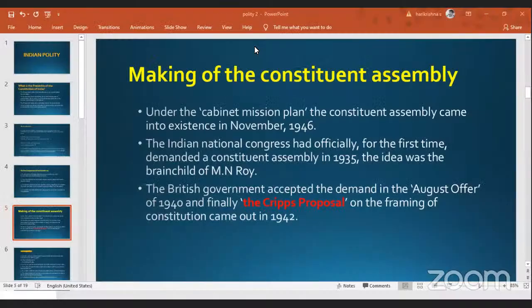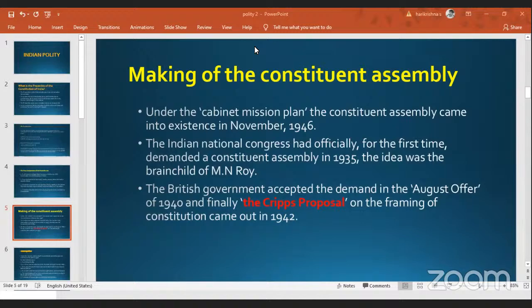Under the Cabinet Mission Plan, the Constituent Assembly came into existence in November 1946. Second, the Indian National Congress had officially, for the first time, demanded a Constituent Assembly in 1935. The idea was the brainchild of M.N. Roy.